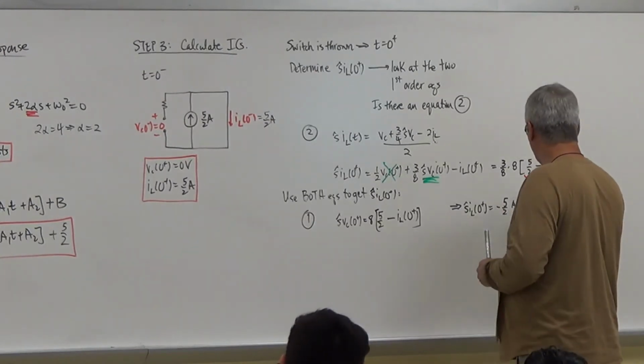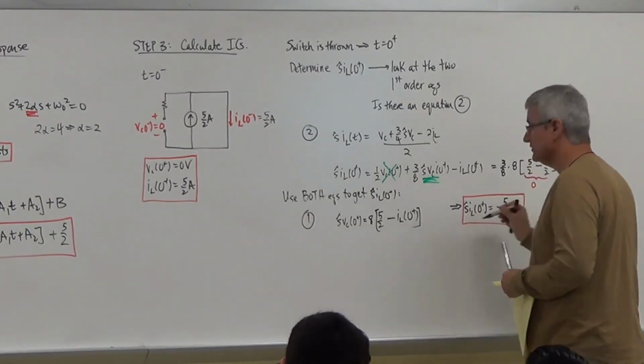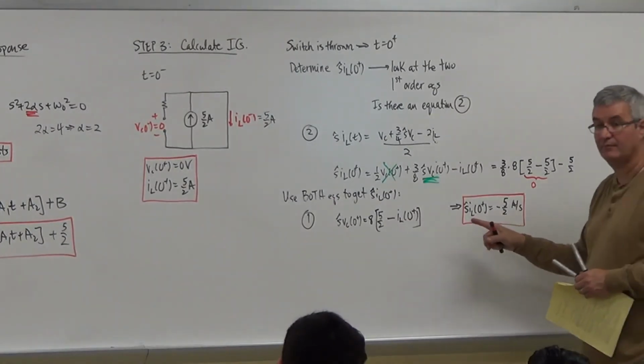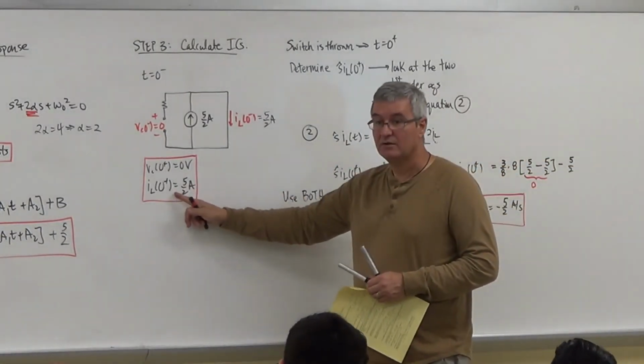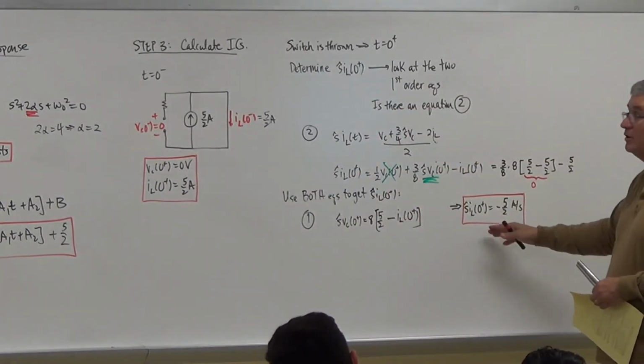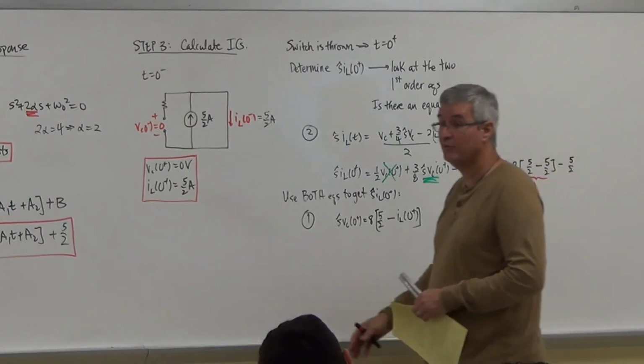So now I've got my initial conditions. I've got the derivative term and my non-derivative term. So I'm going to go to step 4. What does step 4 say?